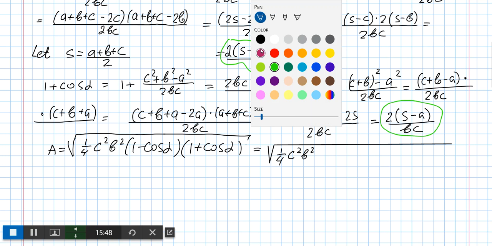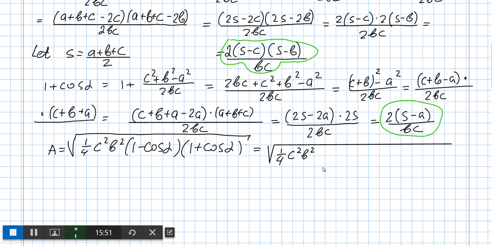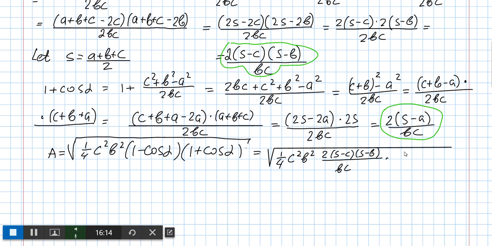So go back to the black color. 1 minus cosine alpha is (S minus c)(S minus b), with the 2s, divided by bc, times, oops, here I missed one S, 2S(S minus a) divided by bc.